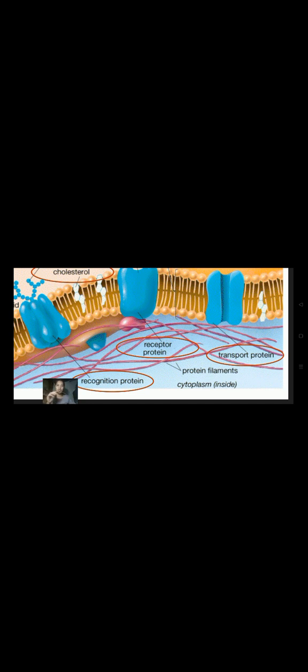And next we have the recognition protein. Recognition proteins are also found in the membrane and help cells identify each other. They act like name tags, signaling to the immune system whether a cell is part of the body or an invader. They are important for the body's defense and tissue organization.